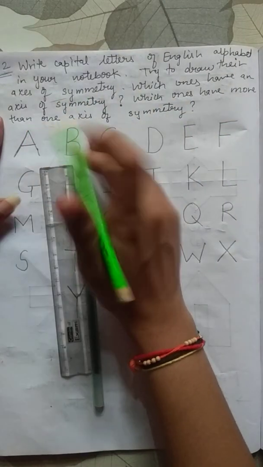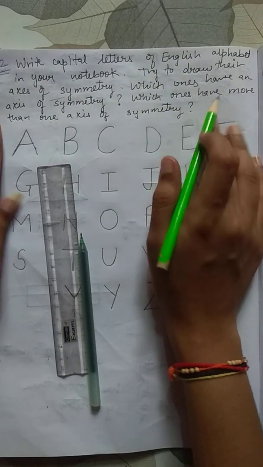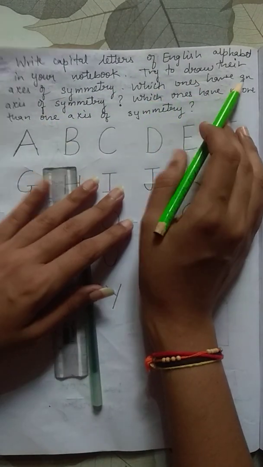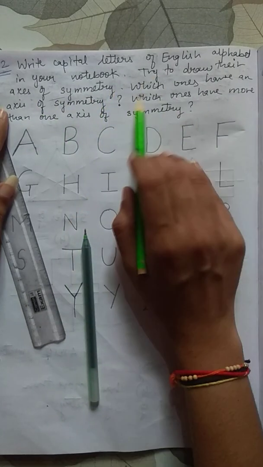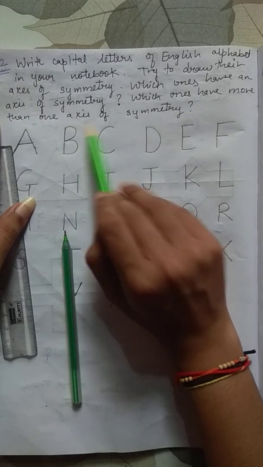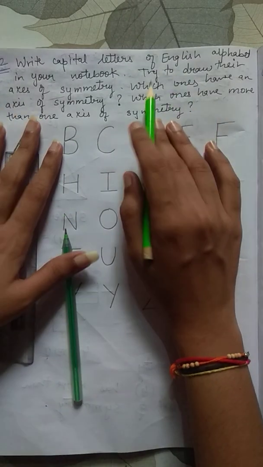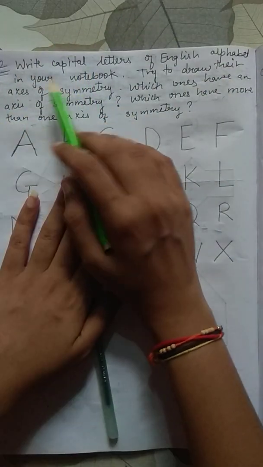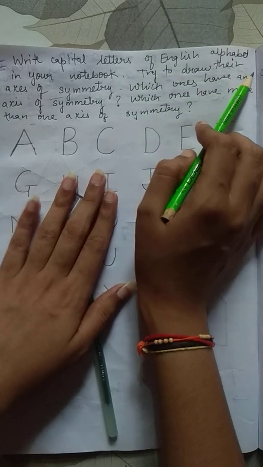Okay, question number 2. Write capital letters of the English alphabet in your notebook. Try to draw their axis of symmetry. Which ones have an axis of symmetry? Which ones have more than one axis of symmetry? So there are many parts to this question. First, write capital letters of the English alphabet.